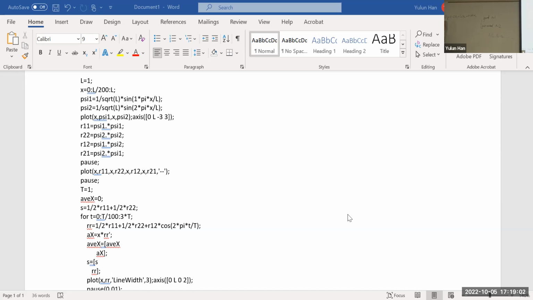Suppose this is our initial state. We'll have a linear combination of two stationary states, right? C1, C2 are just expansion coefficients. So what will be the probability density for this wave function? Still the square, right? So let's make everything simple.